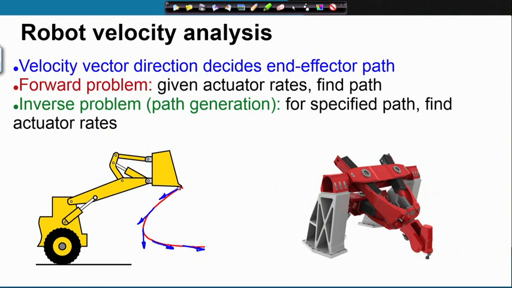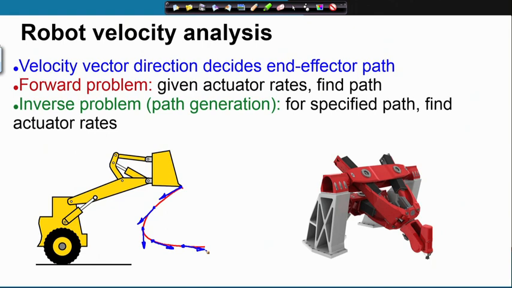So, if you are given the velocity vectors at these points on the path, as I have shown, these velocity vectors are tangent to the path at those specific points, then you can traverse this path with that velocity profile along the path.